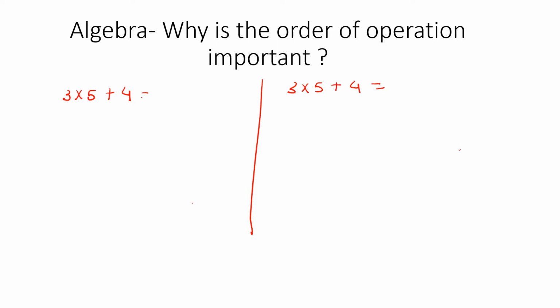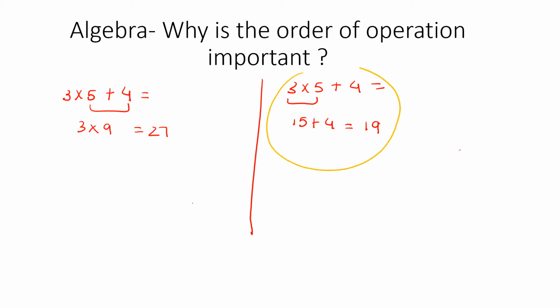Now, maybe I can do, 5 plus 4 is 9, so 3 into 9 is 27. Or I can do 3 times 5 is 15. 15 plus 4 is equal to 19. Now, this one on the right side, this is the correct one.